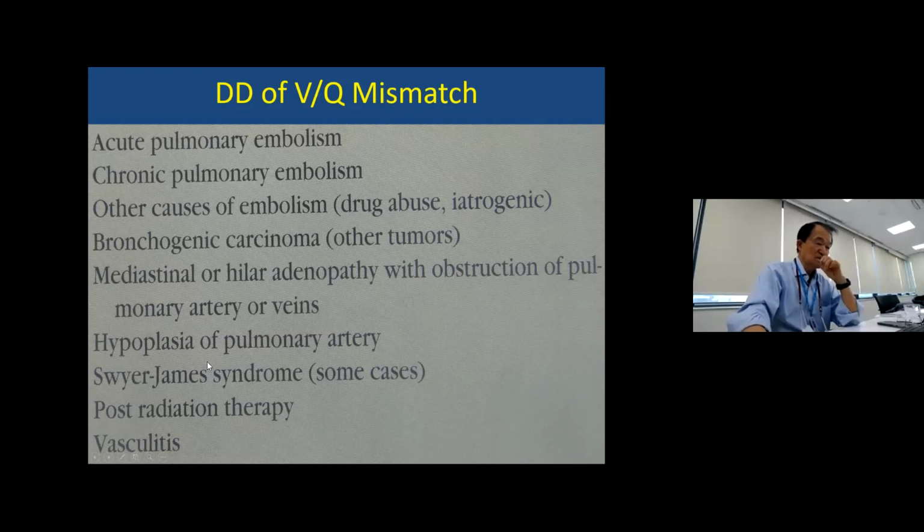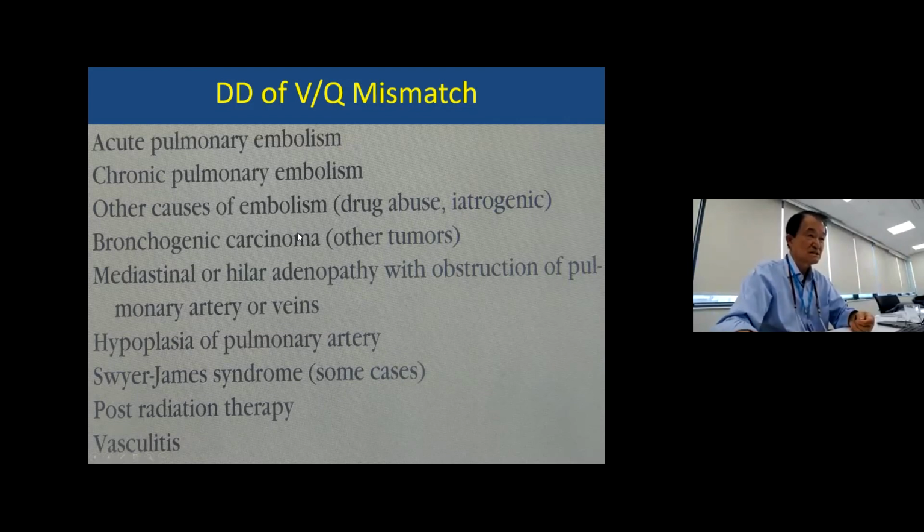And also occasionally you see congenital absence of the pulmonary artery. Then there's no perfusion, but the bronchial segment seems intact, therefore classical VQ mismatch. Swyer-James syndrome, some get post-radiation. So these are all extrinsic bronchial disease, and certain vasculitis and interstitial disease.